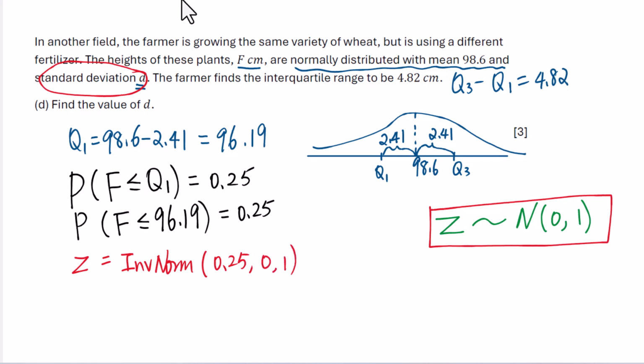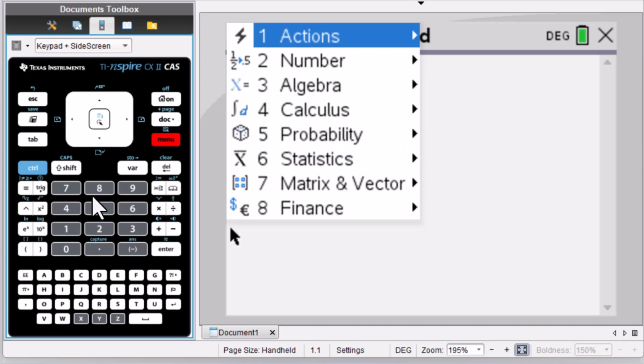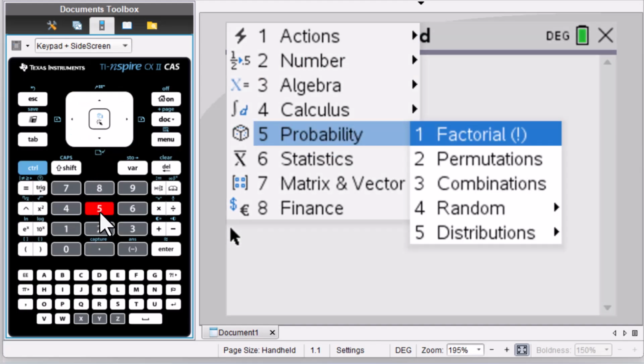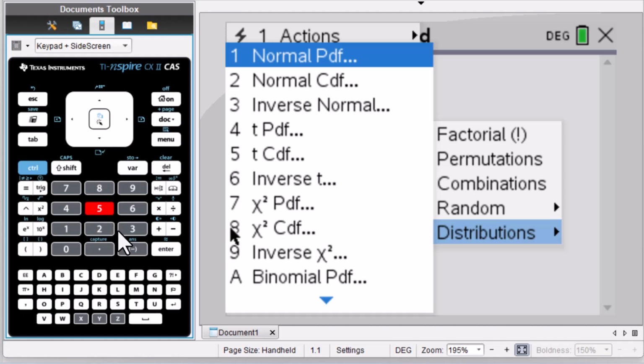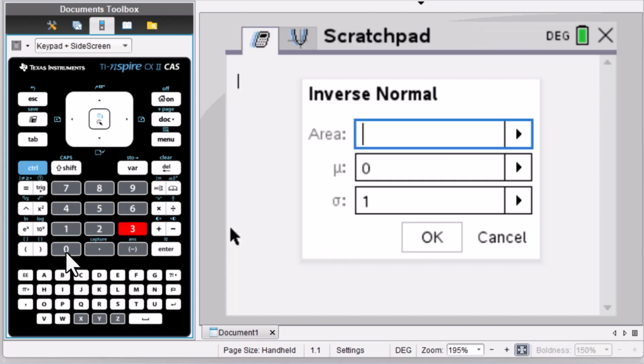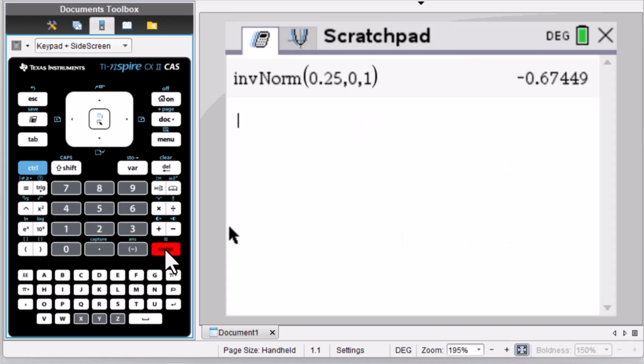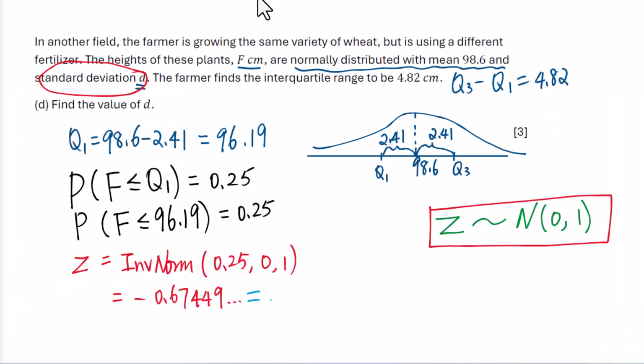Go to calculator. Go to menu, 5, 5, 0.25. Enter. We got negative 0.67449.